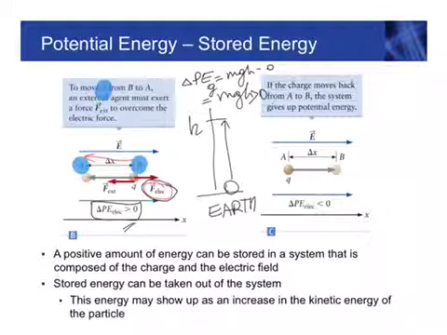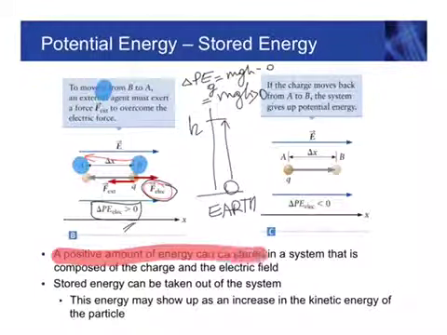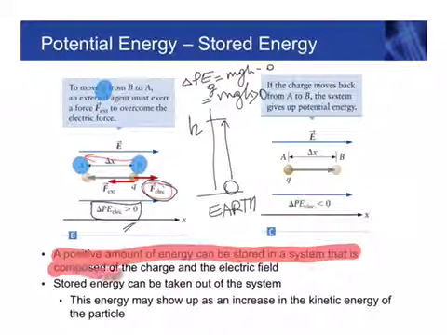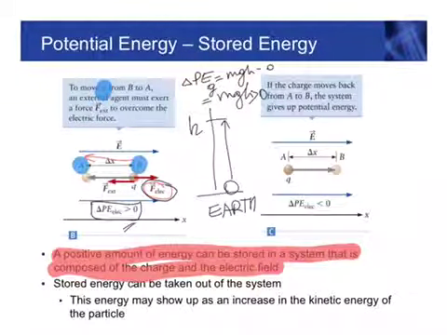We can also understand it in this way: a positive amount of energy can be stored in a system that is composed of the charge and electric field. So I'm moving a charge against field lines and the charge is getting more and more potential energy. Then the change in potential energy is positive.